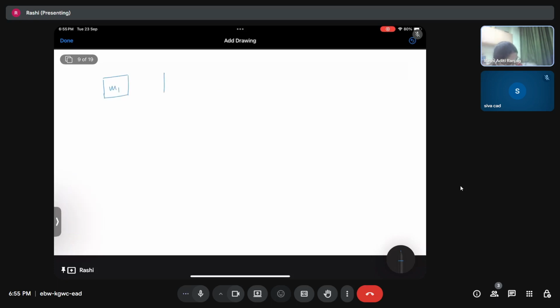m1, m2, m3. We have x1 as 0, x2 as 0, and x3 as 1. 0, 0, because x2 and x1 both are 0.